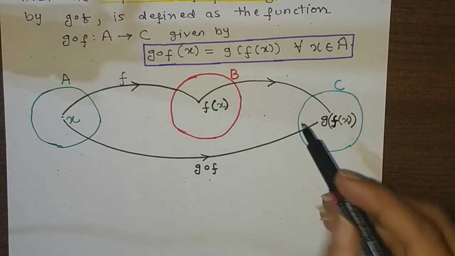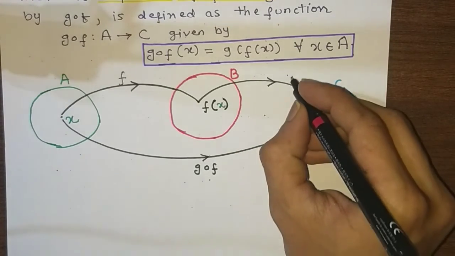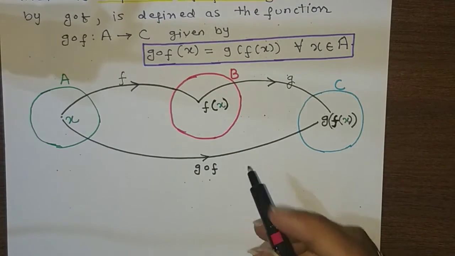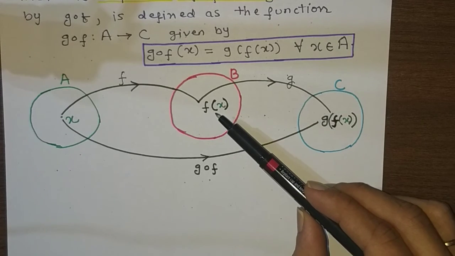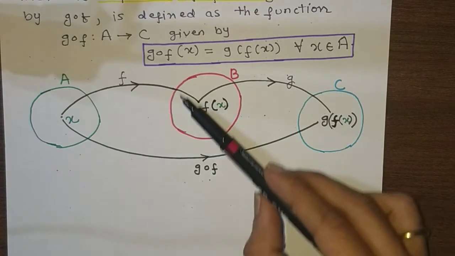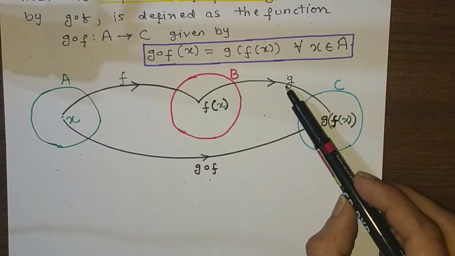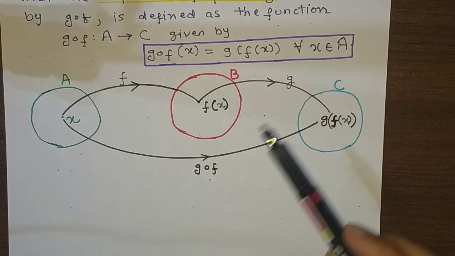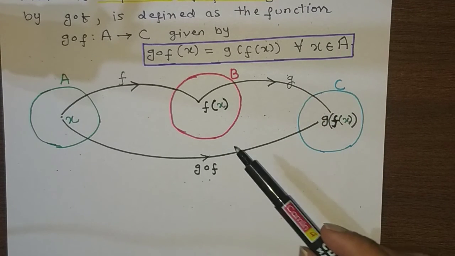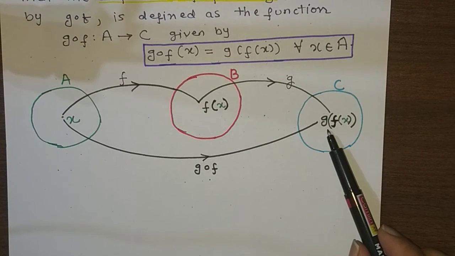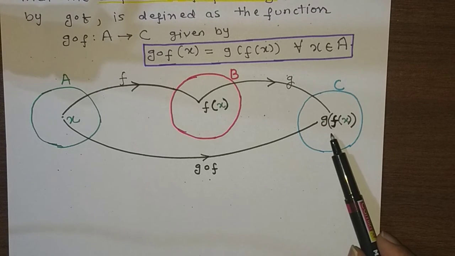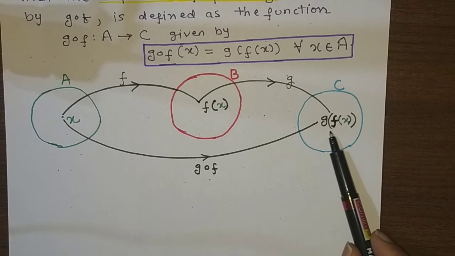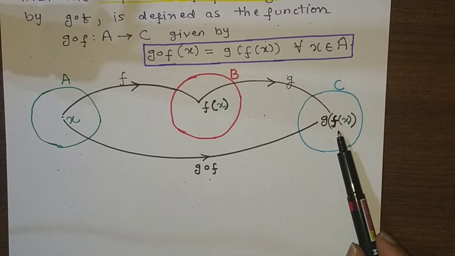Now here you can see that this function is g. So the function g will take the element f of x in the set B, which is the domain of the function g, to the set C, which is the codomain of the function g, and the element will be g of f of x.